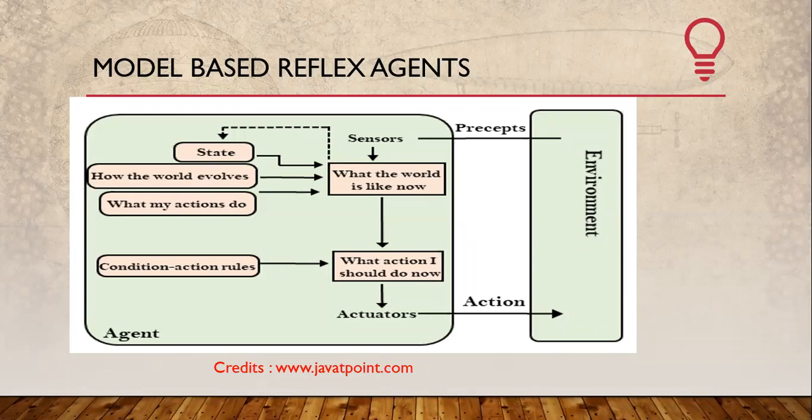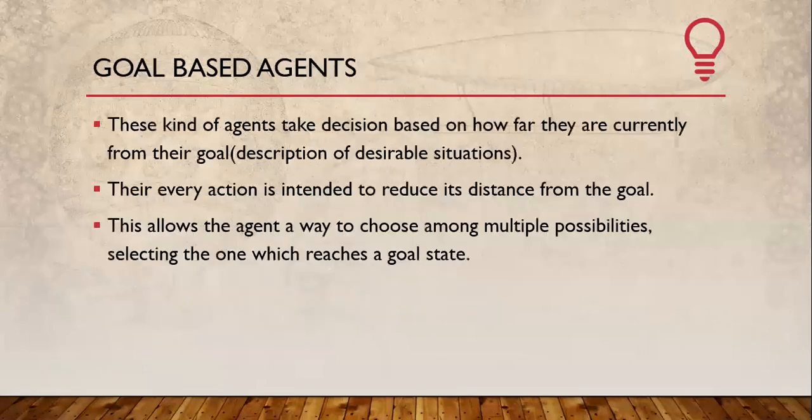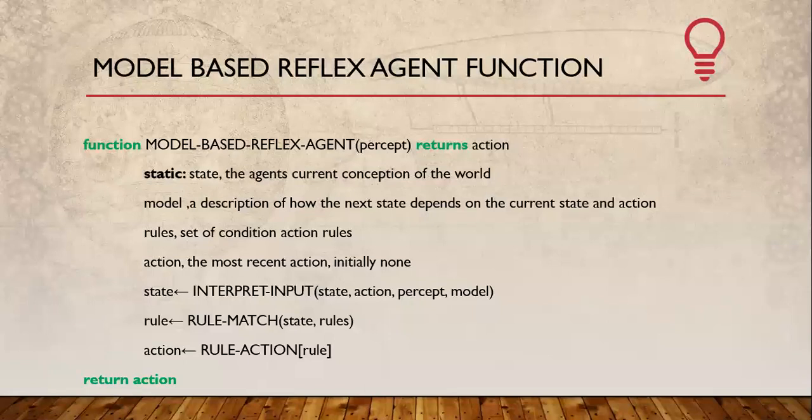Once the state is identified, it will be appended with the current percept, and this whole thing will identify another new state which will go into the rule match. A rule will be identified, and once that rule is identified, it will be known what action needs to be taken. So students, this was the working of what we call model based reflex agents.